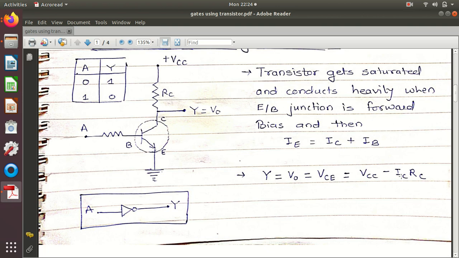So IC will be 0 and VCE, which is nothing but our output voltage V0, is nothing but VCC, that is the highest voltage, and so it represents the logical 1 state. Got it? So in this way, we can construct a NOT gate by using a transistor.